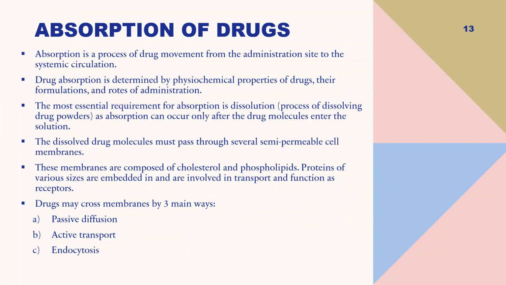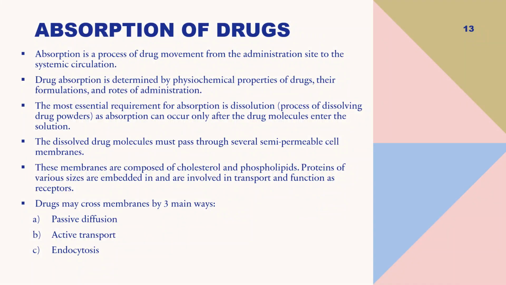All right, now we know the most commonly used routes of medication administration. Now let's learn about absorption of drugs, which is the first phase under pharmacokinetics. Absorption is the process of drug movement from the administration site to the systemic circulation.